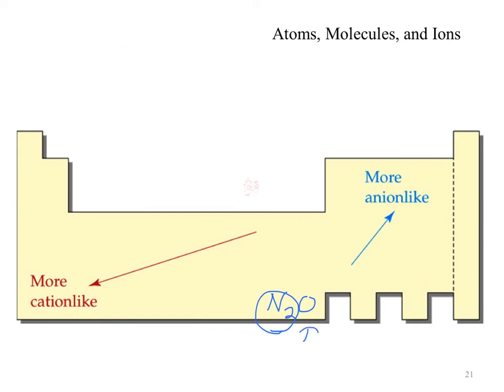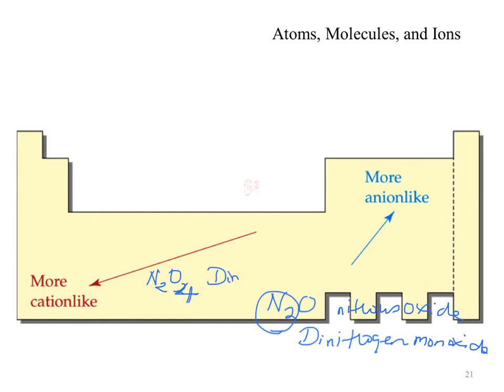So that becomes dinitrogen monoxide, or nitrous oxide is the common name. Likewise, if you had an N2O4, you would call it dinitrogen tetroxide.